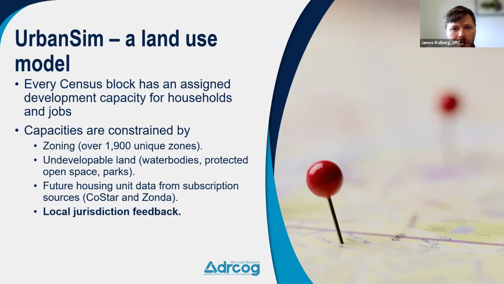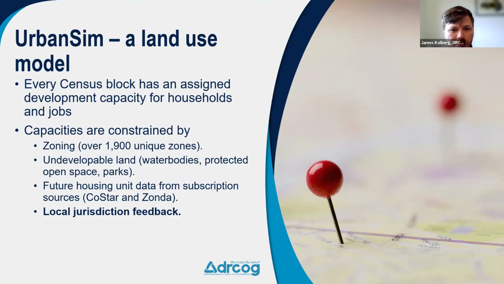And then, to get a little more into detail about how the model chooses where to build new housing, every census block has an assigned capacity for households and jobs. And like I said, that comes mainly from zoning. And then also, like I mentioned earlier, from land that would never be developed, stuff like parks and open space.